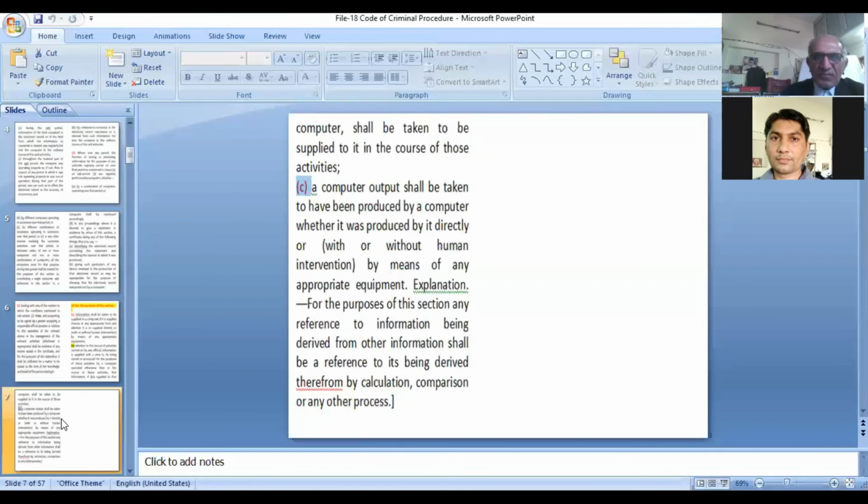As such, this set of special provisions deserves to be appreciated in the context in which these have been legislated. Thank you very much.